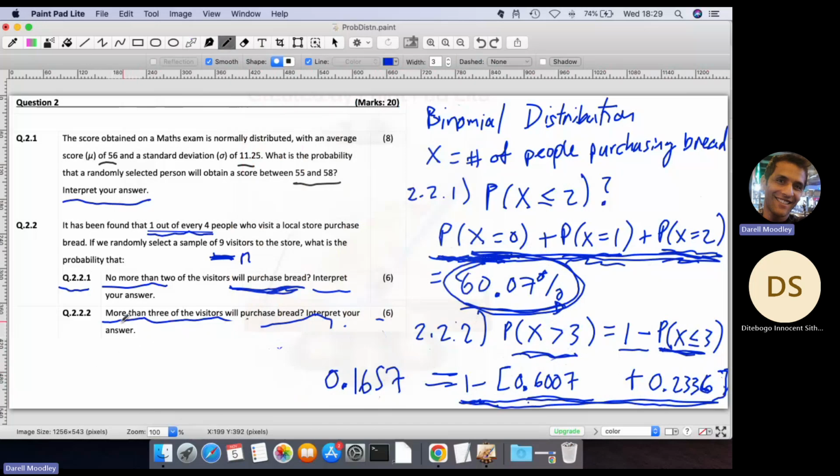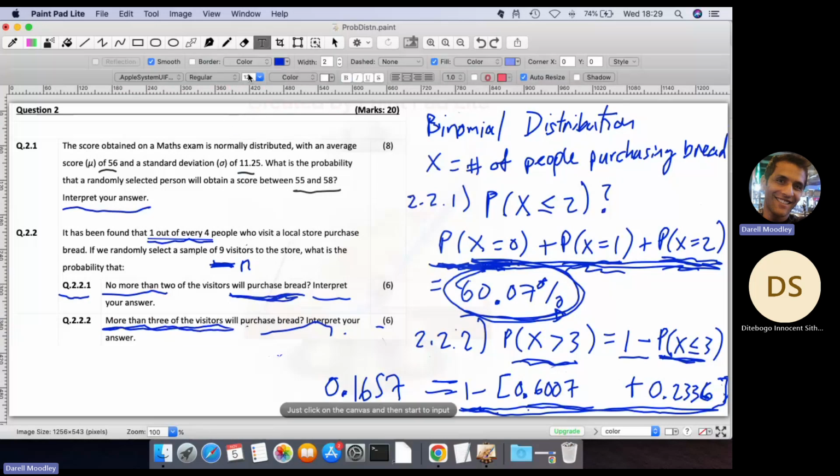So how would I interpret it? Well, question 2.2. Remember, the question is, what is the probability that more than 3 visitors will purchase bread? So all I need to do is write it in words. Simply just say the probability.